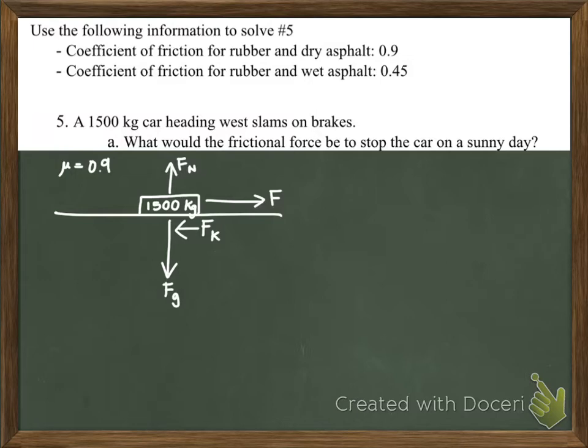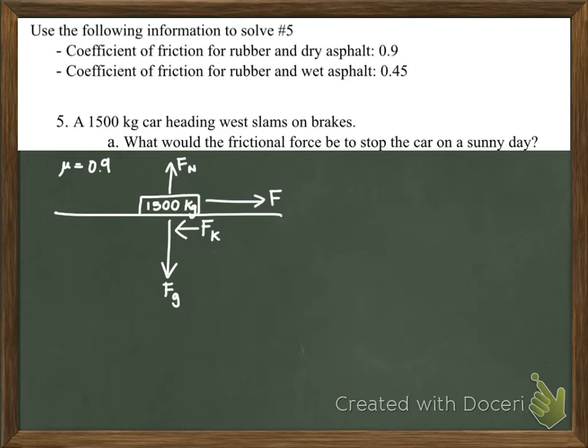So let's go ahead and look at our body diagram. We have a car that weighs 1500 kilograms, and we know that there's going to be gravity pulling it down, and there's also going to be a normal force that is perpendicular to the surface.